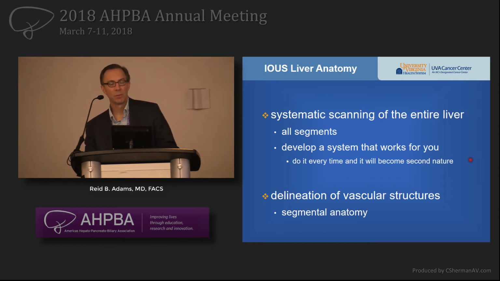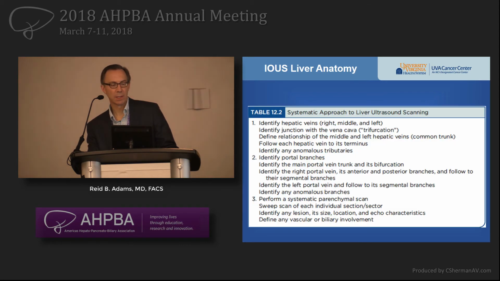So if you do this in a regular fashion, you'll be sure that you've identified all the important intrahepatic structures, as well as seeing all the segments, particularly when you're looking to do resectional work and identify lesions that you need to treat. And we do that by using the vascular structures that I just showed you in the liver to help delineate the segmental anatomy.